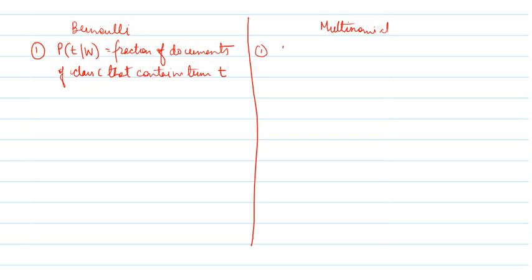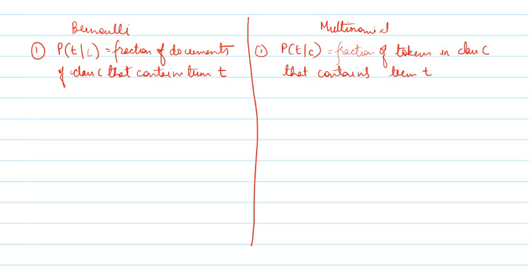But in multinomial, P of T given C is equal to the fraction of tokens in class C that contain the term T.